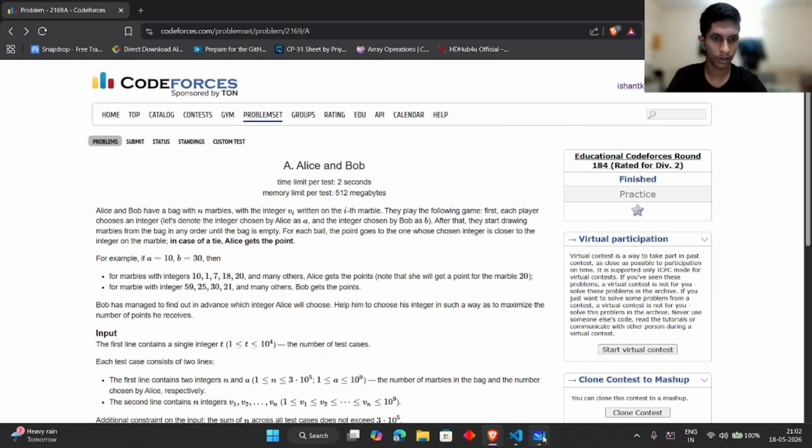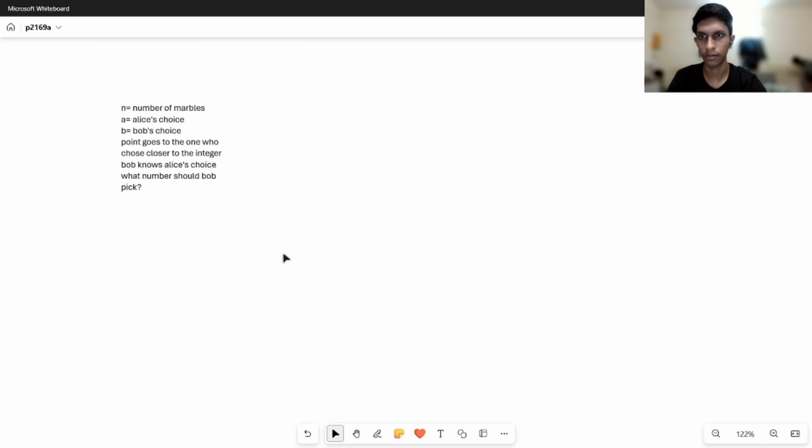So let's see what the problem is trying to say. In the question, n is the number of marbles, A will be the integer chosen by Alice, and B will be the integer chosen by Bob, which we have to select.